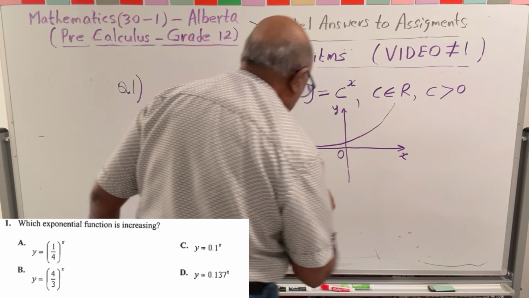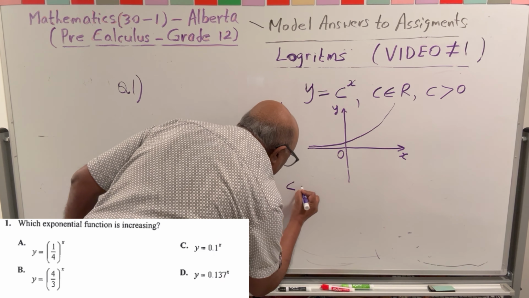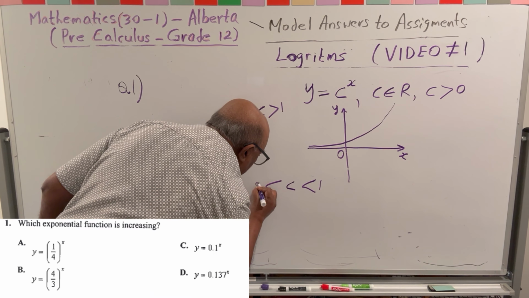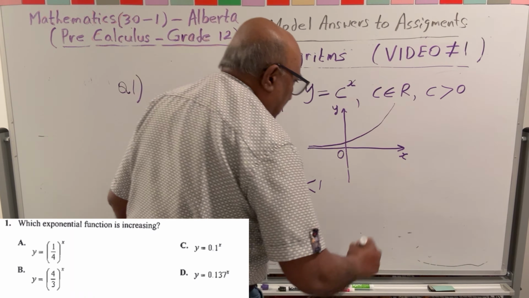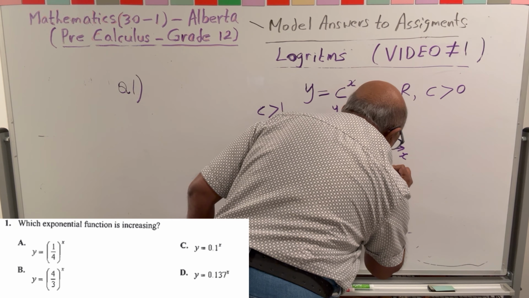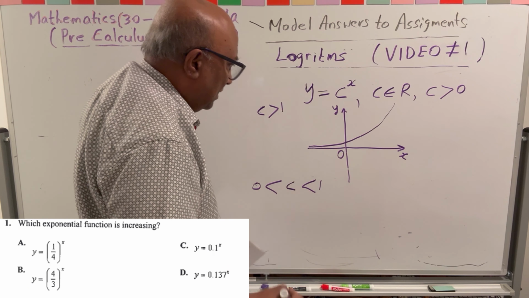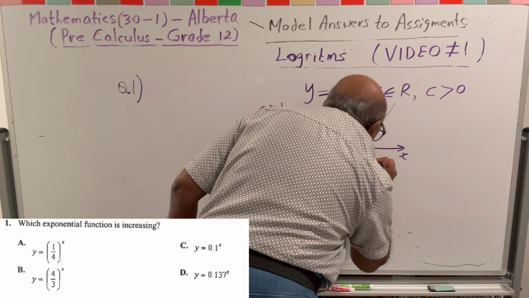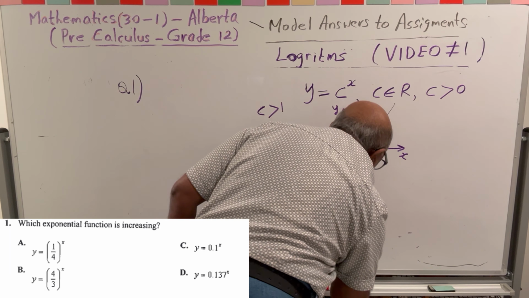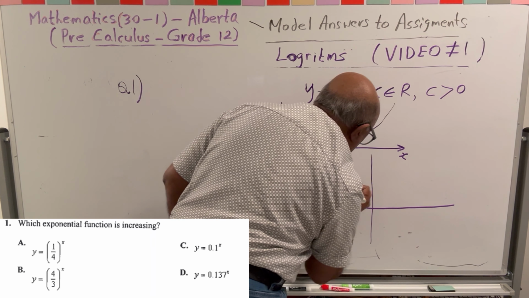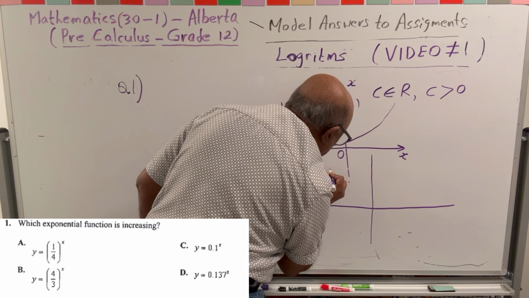But in the second situation, that means c lies between 0 and 1. That means if c is a fraction, I would explain the behavior in another diagram. That is like this.